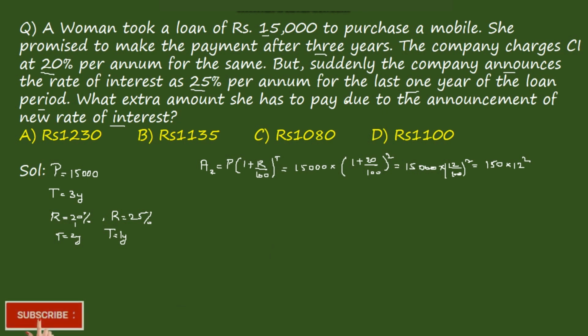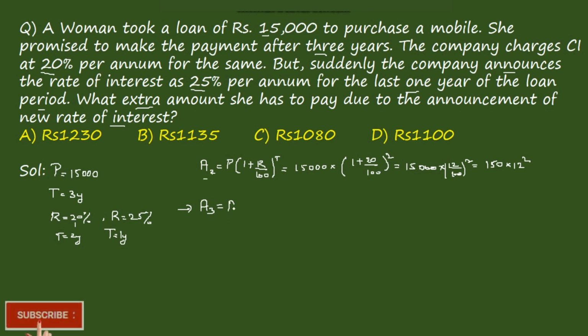But now come to the third year. What has happened in the third year is nothing but the rate is going to change from 20 to 25%, right? They're asking for the extra amount, right? In the third year, amount paid is equal to the same formula P into (1 plus R by 100) whole power T. What is the principal in the third year? It is nothing but A2, right?